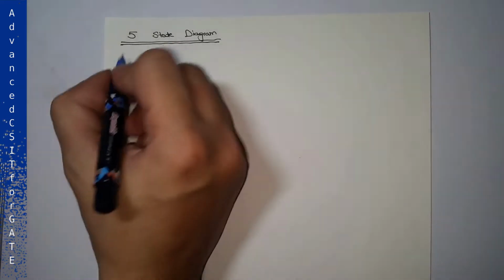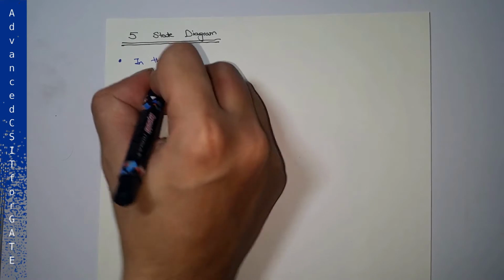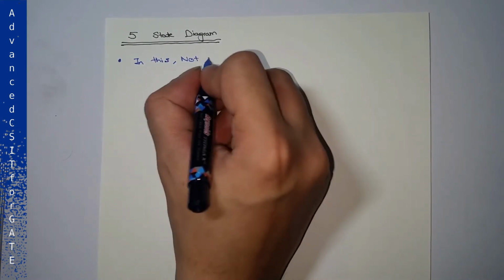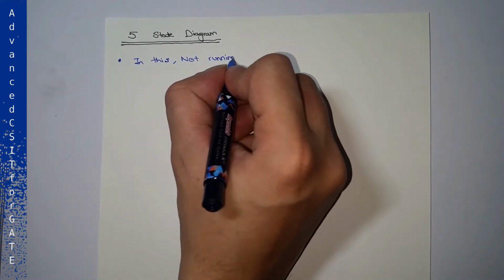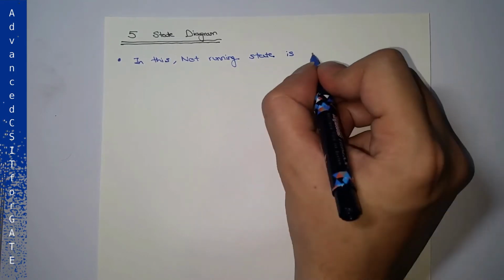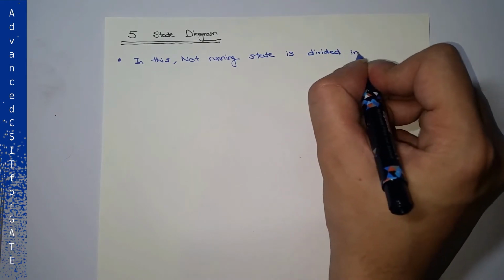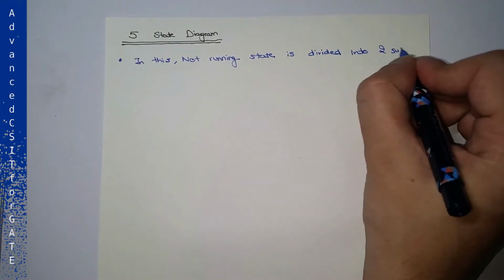So first, the point is that not running state is divided into 2 substates.